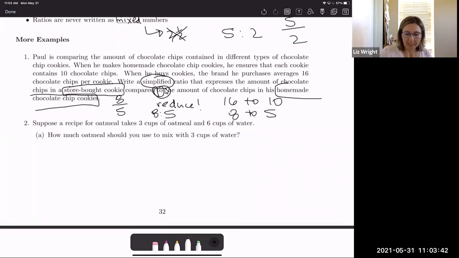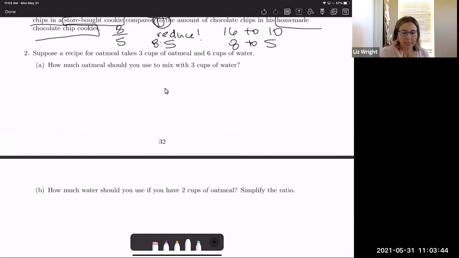The next one, it says, suppose a recipe for oatmeal takes 3 cups of oatmeal and 6 cups of water. So I'm just going to write that down. 3 cups of oats per 6 cups of water. How much oatmeal should be used to mix with 3 cups of water?